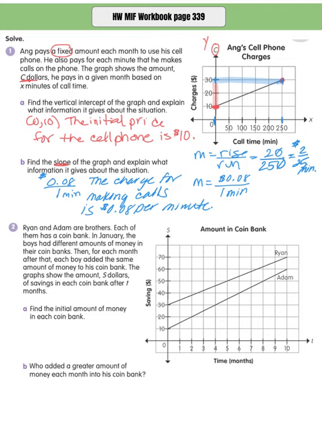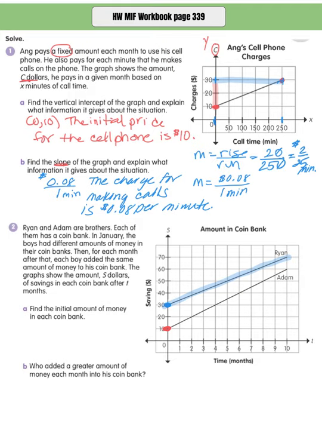Number 2, Ryan and Adam are brothers. Each of them has a coin bank. In January, the boys have different amounts. So I'm going to highlight Ryan's right there. Okay, so here Ryan started off with 30 and Adam started with 10 in his piggy bank.